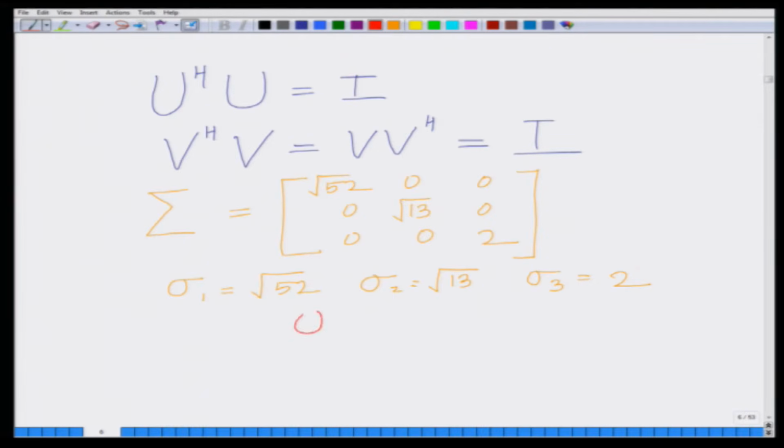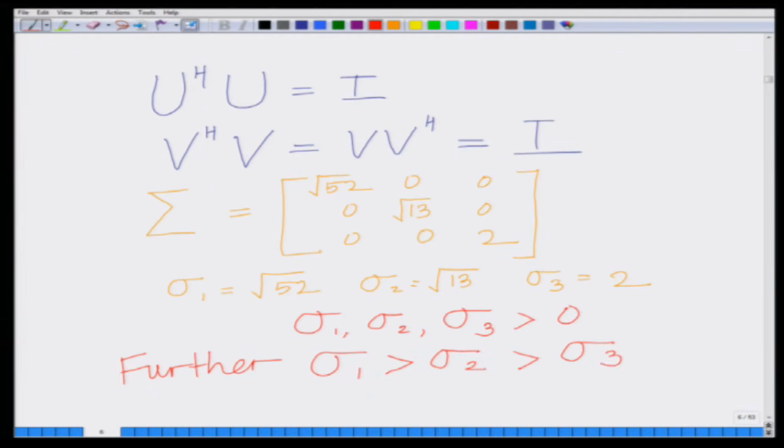Therefore, all the singular values sigma 1, sigma 2, sigma 3 are greater than 0. So, the singular values are positive. Further, we have sigma 1 greater than sigma 2 greater than sigma 3, which means the singular values are in decreasing order.